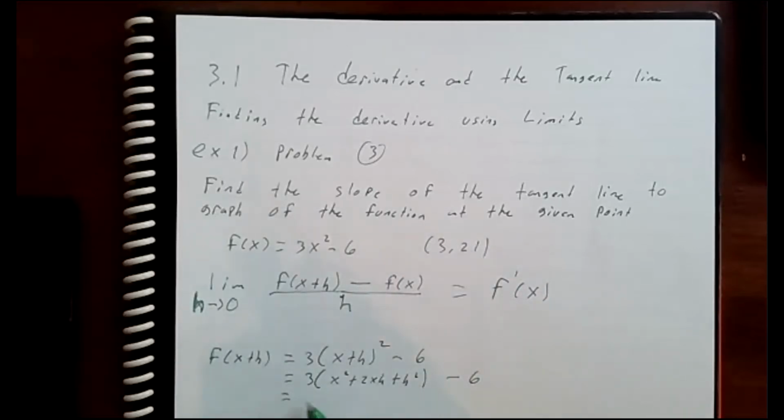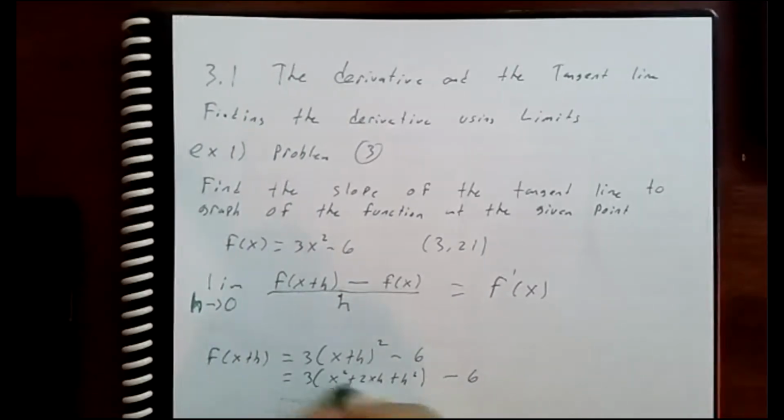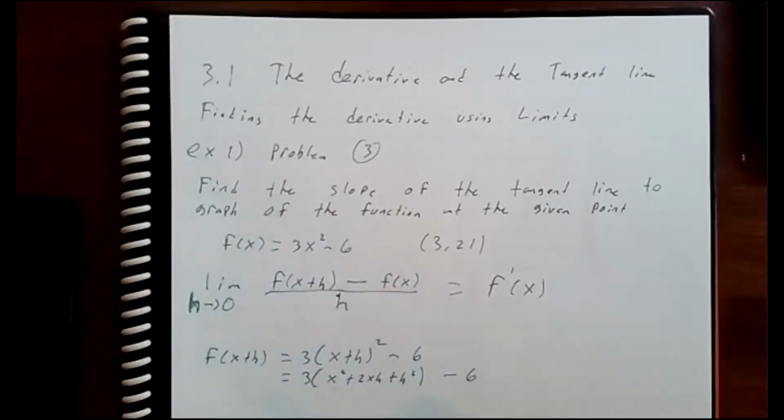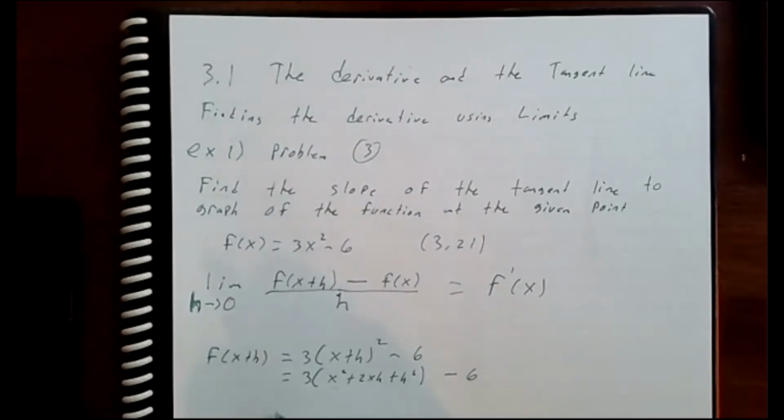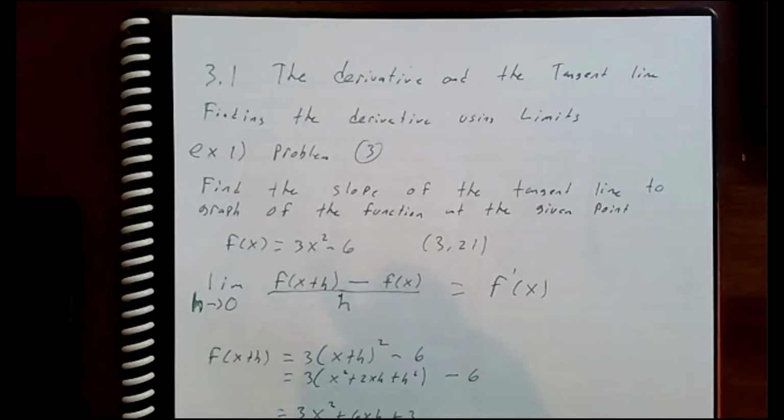That will give me 3x squared. There's not enough space, let me skip a line here. One moment. There we go. So that'll be 3x squared plus 6xh plus 3h squared minus 6.